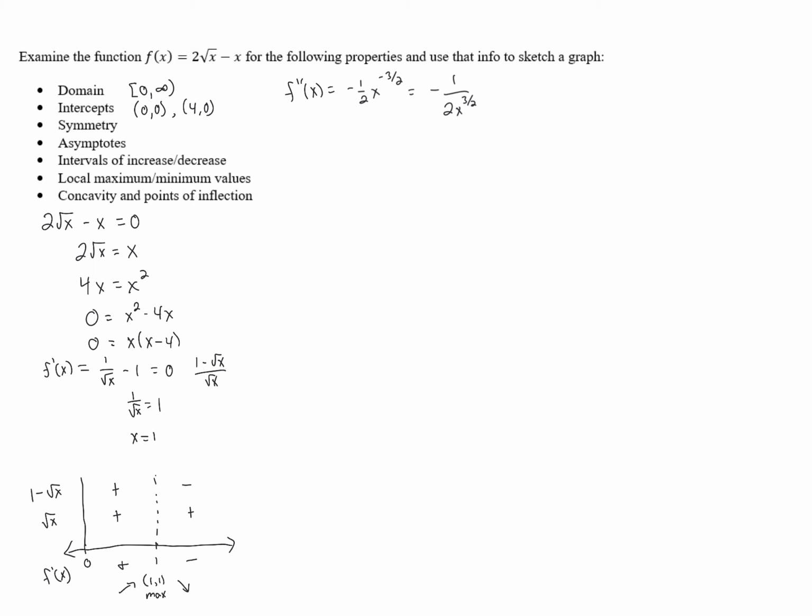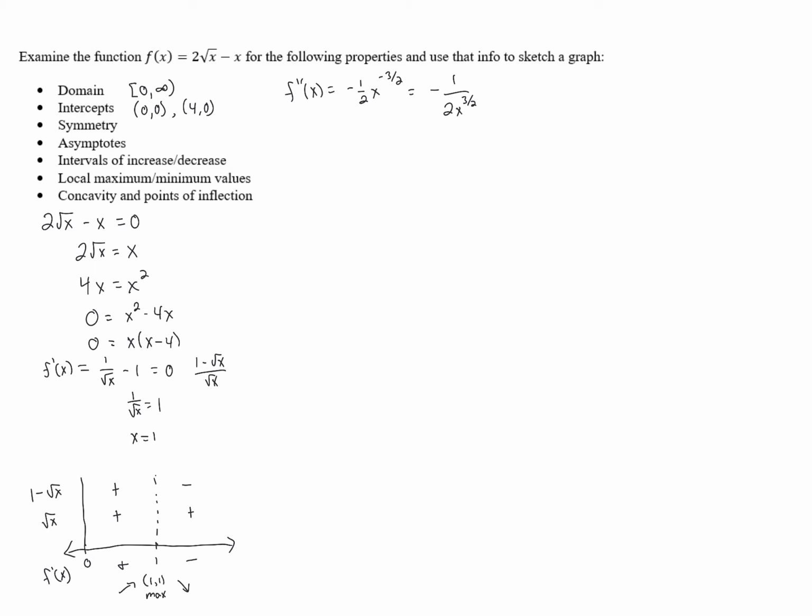And remember, our function is only defined on the domain from 0 to infinity. This is going to be undefined at 0, but if we look at the rest of this domain, whenever x is positive, x to the 3/2 is positive, which means the denominator is positive, which means the fraction is going to be negative because of that negative sign out front.